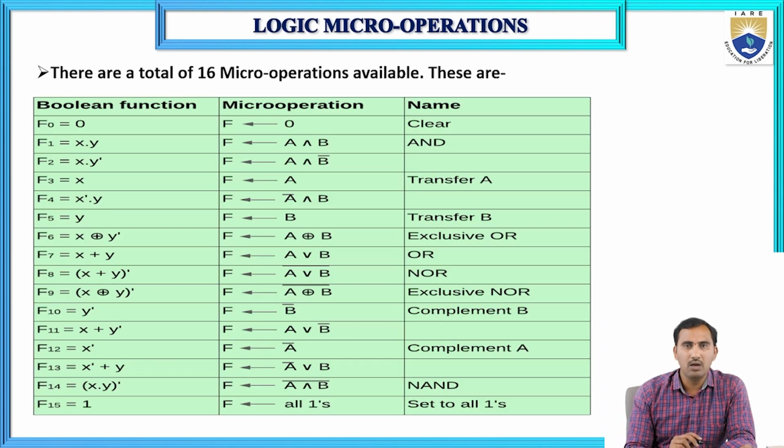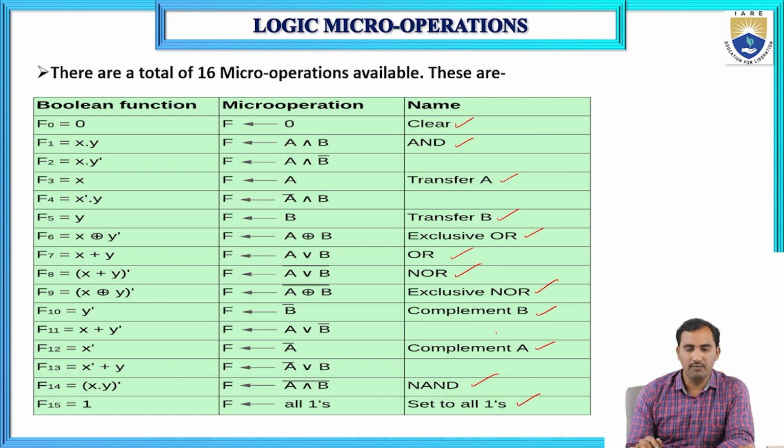And coming to the logical micro operations. In total we have 16 logic micro operations: clear, AND, transfer A, transfer B, exclusive OR, OR, NOR, exclusive NOR, complement B, complement A, NAND, set to all ones.